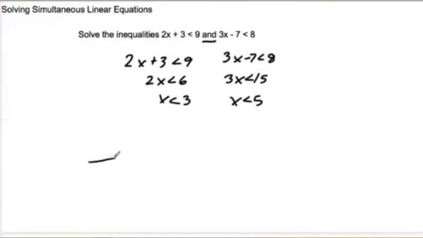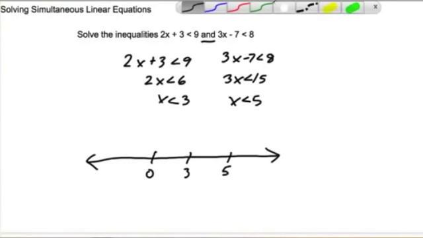So what I'm going to do is take all that information and place it on a number line. Let's make it: here's 0, here's 3, here's 5. So my first solution, x is less than 3.